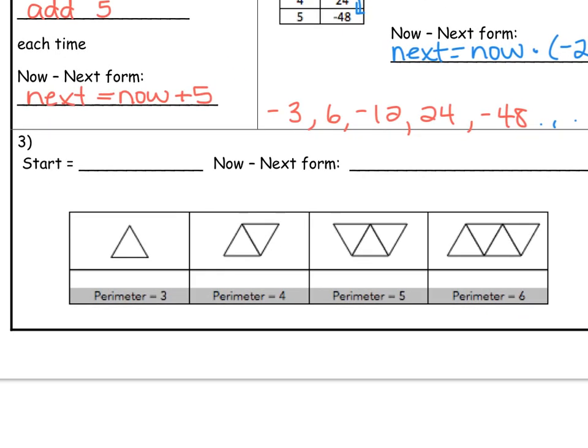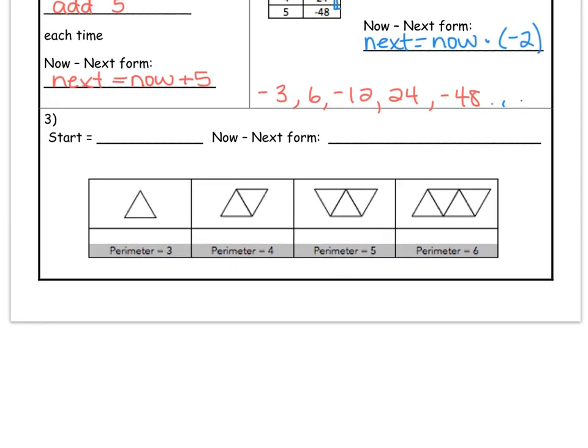Okay, try example 3 on your own. What's the start? What's the pattern or the rule? And what's our now next form? Pause the video and then check back with your answer. Okay, our start is 3. That's our first term in the sequence.